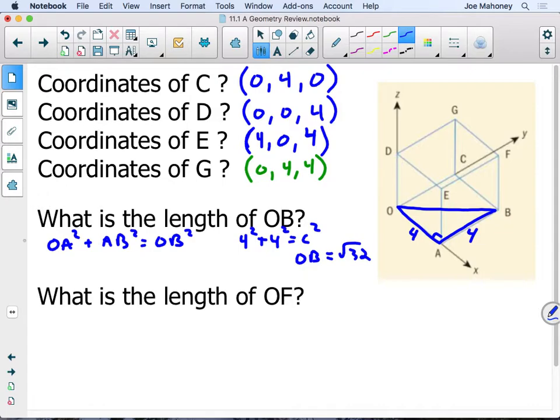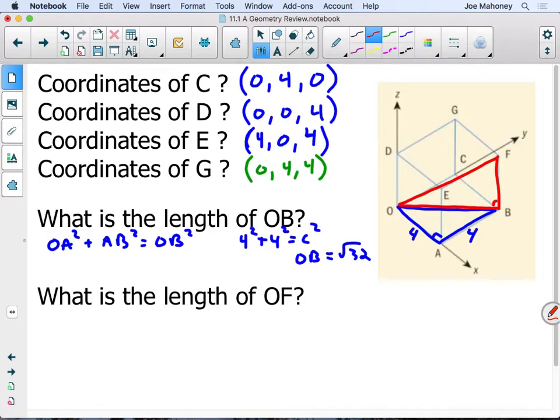Now let's talk about finding the length of OF. Try it out a little bit. It's a little interesting. So if we're going to find the length of OF, notice that OF goes from one corner of the box to its opposite corner. It is also part of a right triangle.